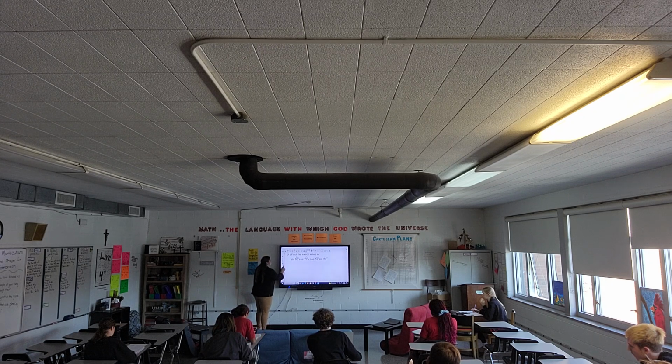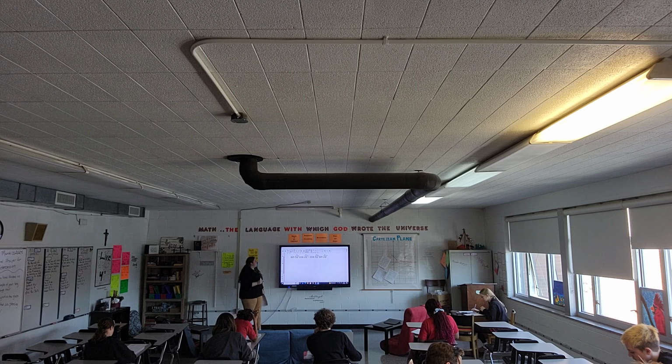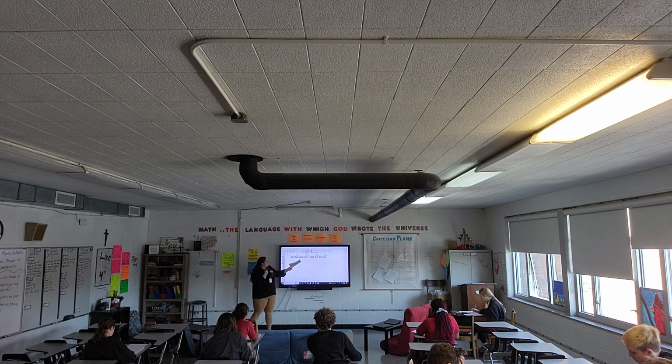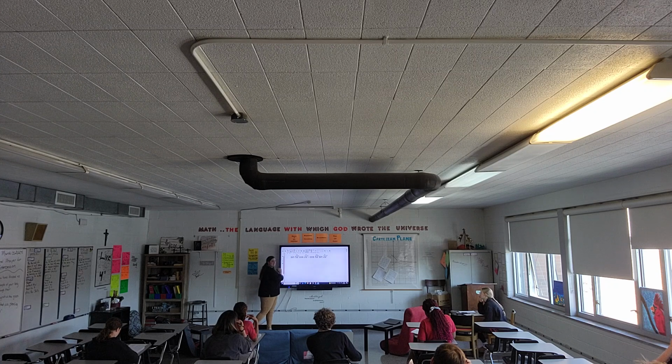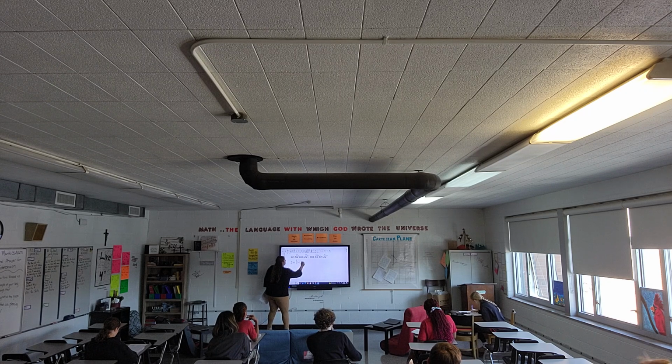Alright, so what formula does this match? I can tell it's going to be a sine, because it's the same three functions together. So sine of U and V, minus, because it matches the sine.